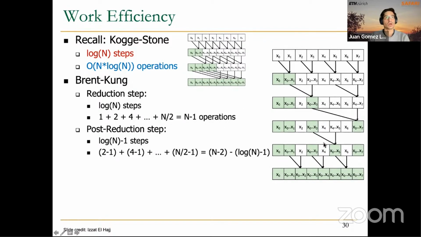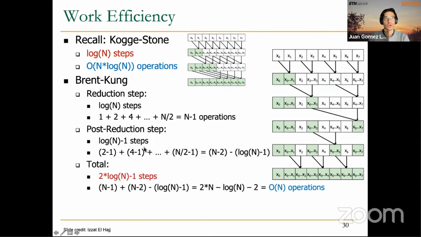And then we execute the post-reduction step, this part of the algorithm, where we have log n minus 1 steps, and we can also count the number of additions that we execute here. So in total, we have 2 times log n minus 1 steps, and the total number of operations is around 2 times n. And this is in the order of magnitude of n.